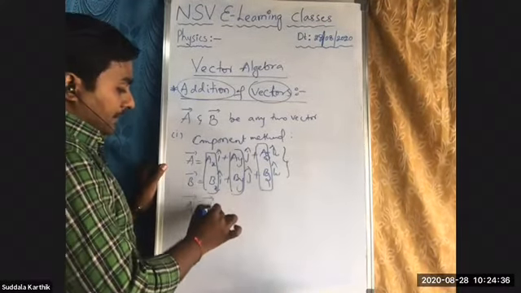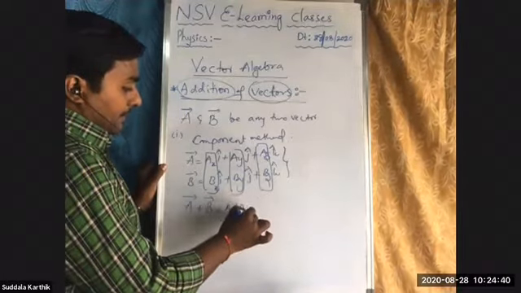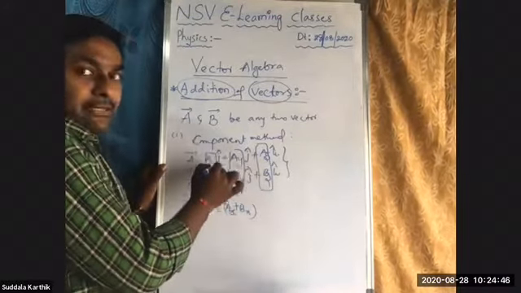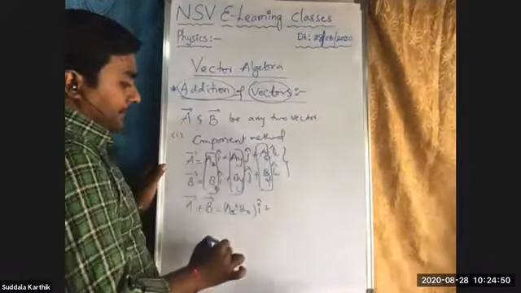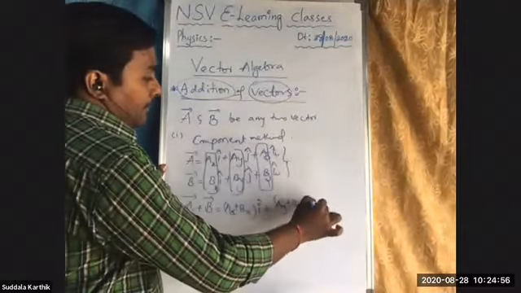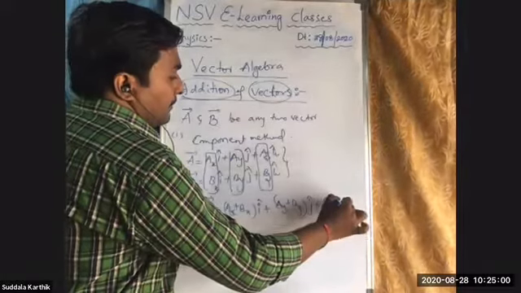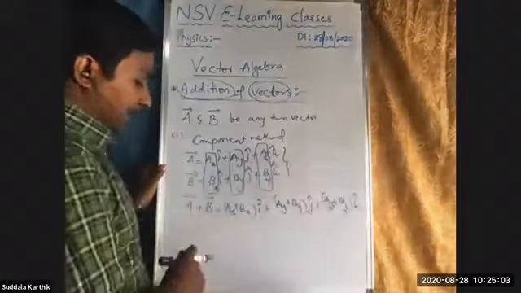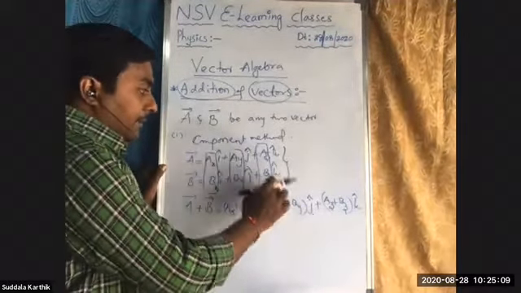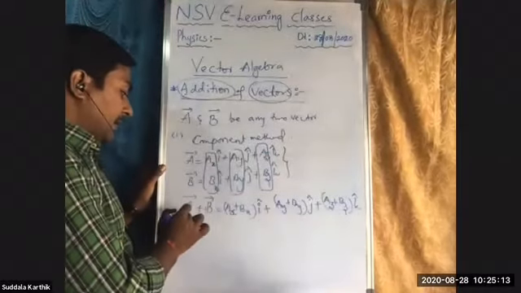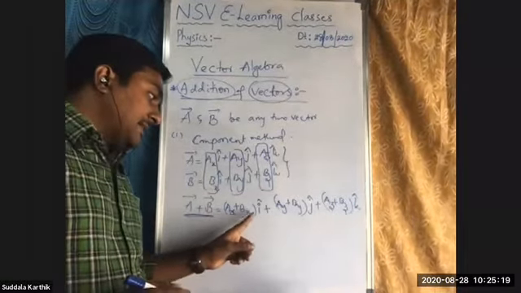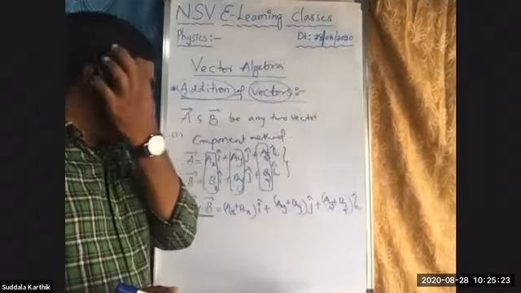A bar plus b bar equals ax plus bx, the common term being i cap, plus ay plus by, common term j cap, plus az plus bz, k cap.